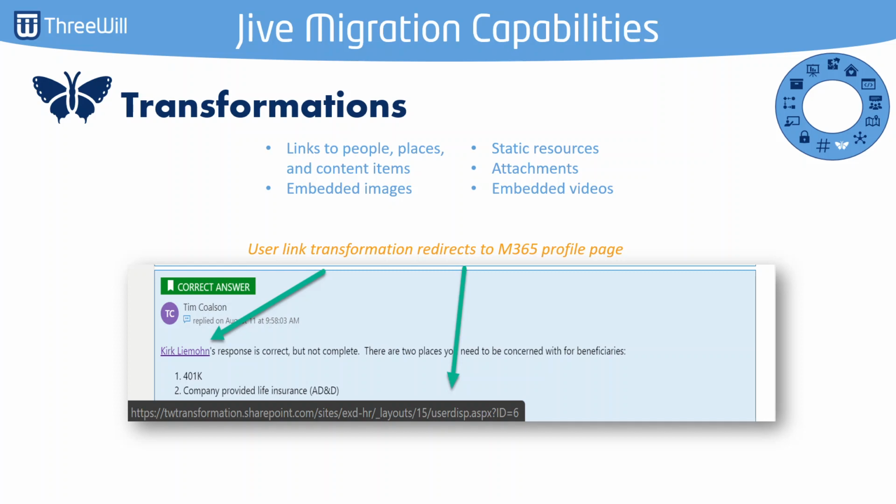This is also the case for embedded images and attachments and other resources where we have to migrate those items out of Jive and into Microsoft 365 and then update that reference or link accordingly. The example you see here is the content of a discussion. It has @mentioned Kirk Liehmohn, and that link in Jive goes to Kirk's profile. But after migration, we make sure that that link goes to Kirk's Microsoft 365 profile.